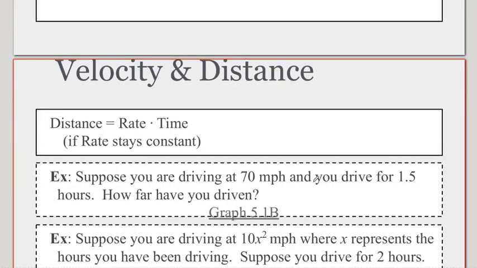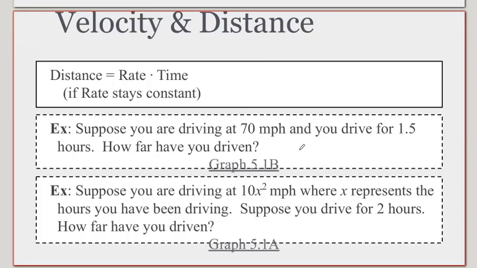Actually, the next lesson. So one place where this has some practical application is in the distance equals rate times time. And to be fair, this is still a fairly esoteric example, but it will give you an idea of some application. So if we're driving at 70 miles an hour constantly, you drive for 1.5 hours, how far have you driven?